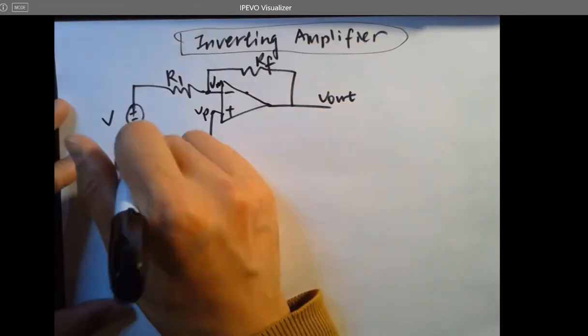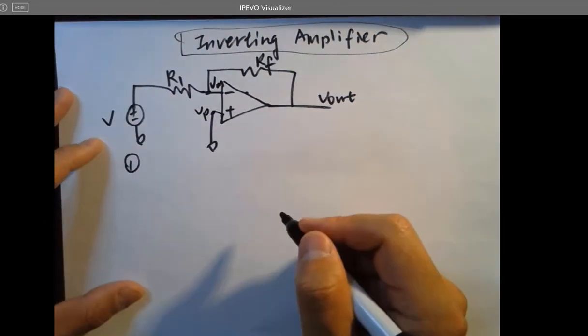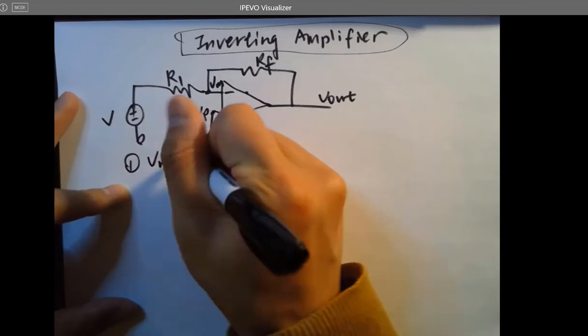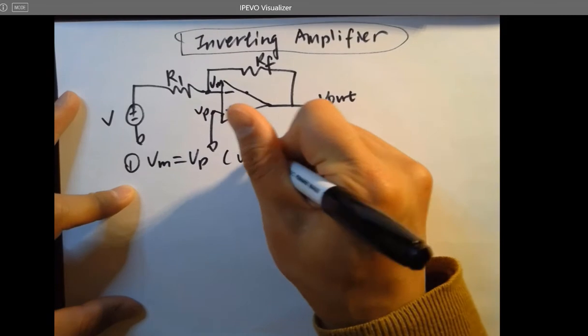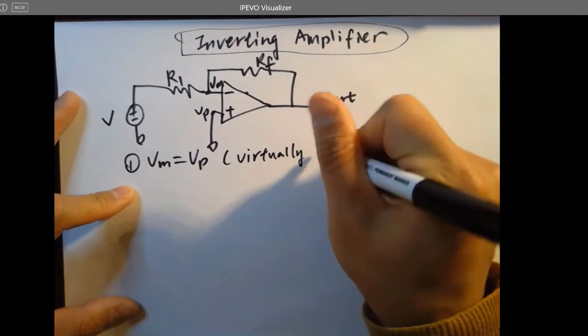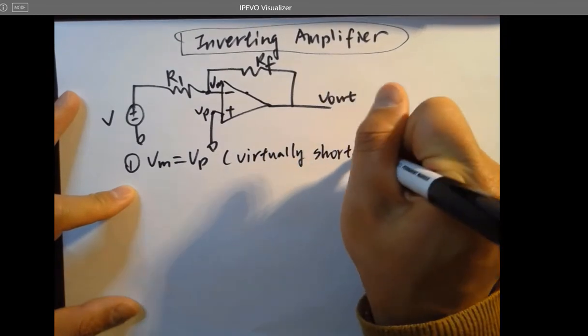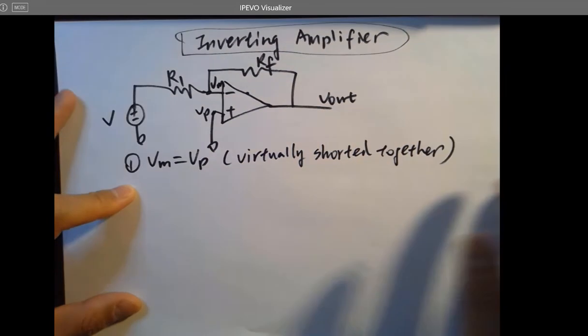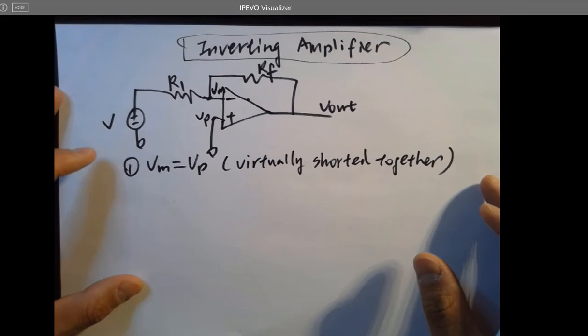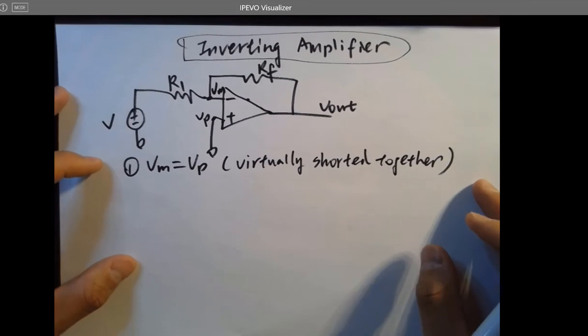There are several properties you need to know. First of all, VM equals VP. So these two terminals are virtually shorted together. If you want to ask why, it cannot be explained in one sentence or in one lecture.